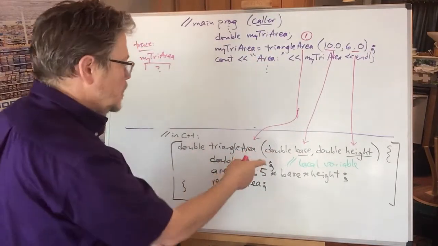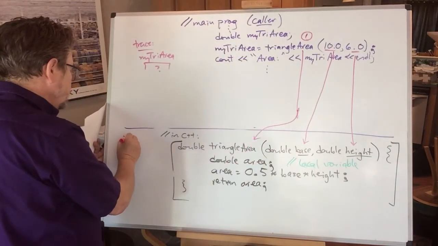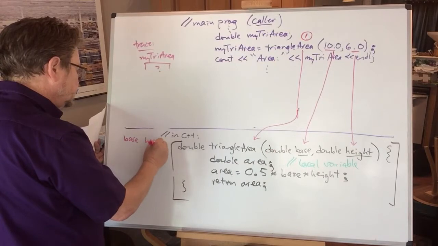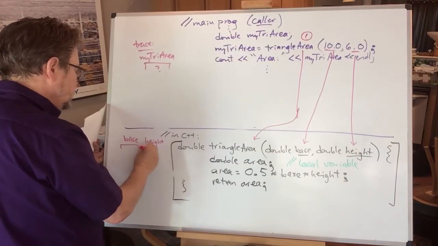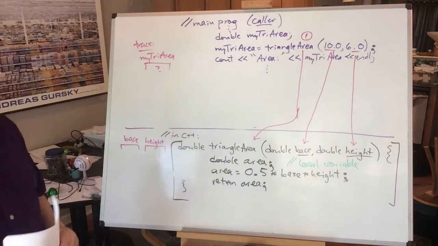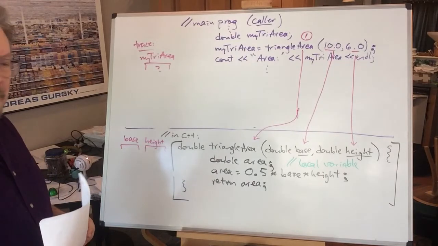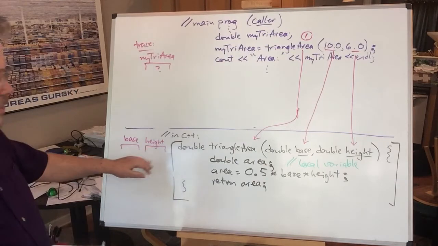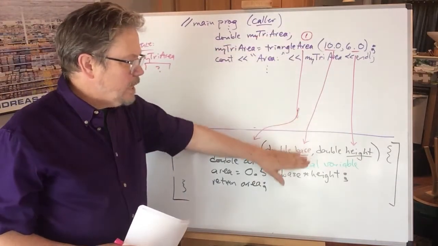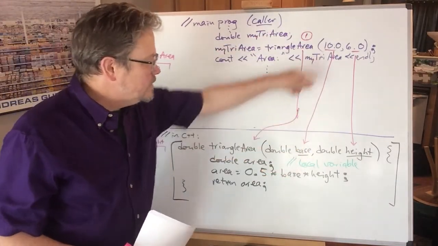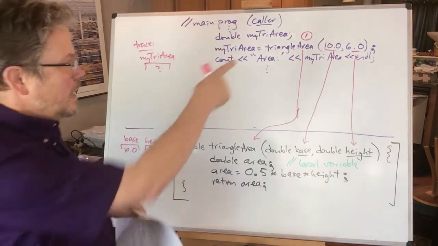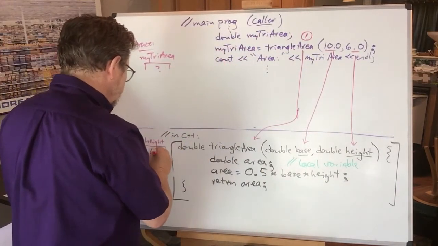When the function call occurs, we get 2 brand new variables, base and height, that had never seen the light of day until just this microsecond, this nanosecond, and we don't even initialize them to garbage. These are receiving messages passed in from above. Base gets the value 10.0. Height gets the value 6.0.